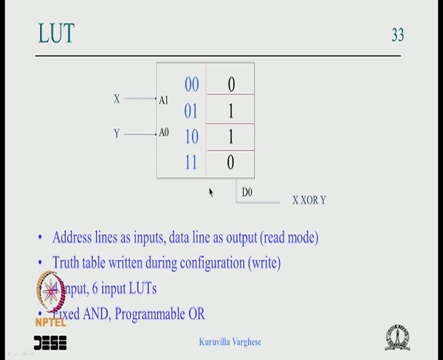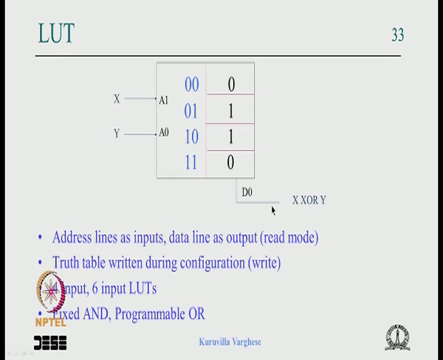If you have an n variable implementation, you take a 2 raised to n into 1 bit memory, then program the truth table of the whole function in the locations. Then put the memory in read mode, connect the variables to the address lines, like A1 and A0, and use the data line as the output.